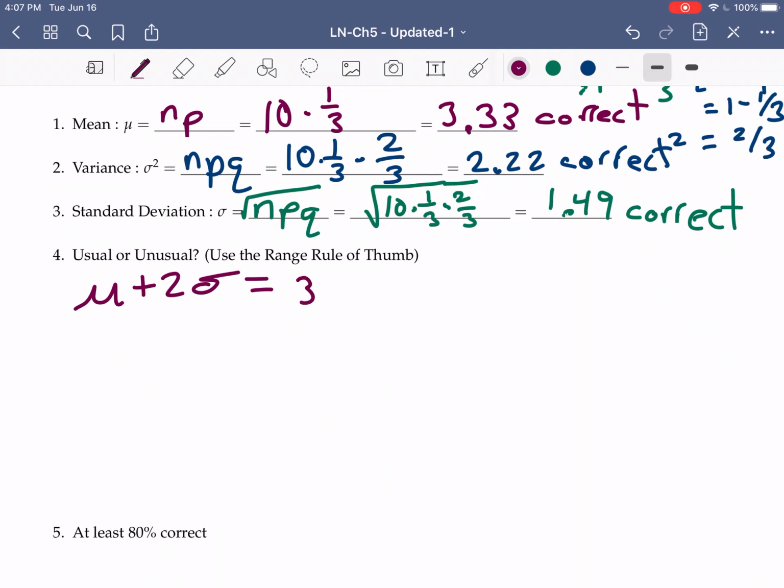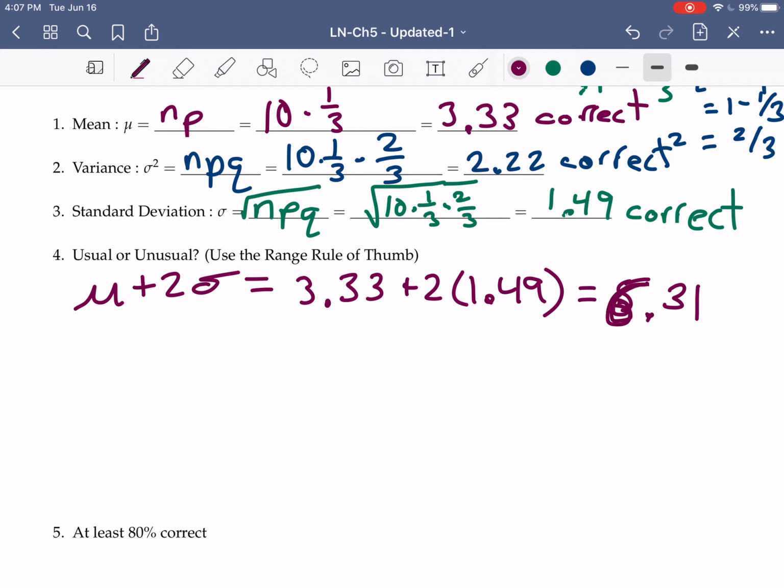So our mean here is 3.33 plus 2 times 1.49. And when we do that, we get 6.31.